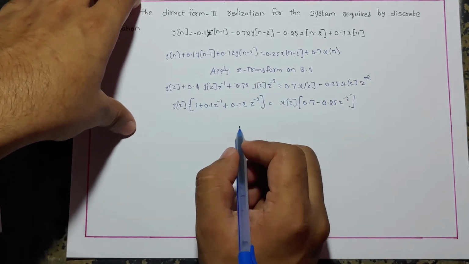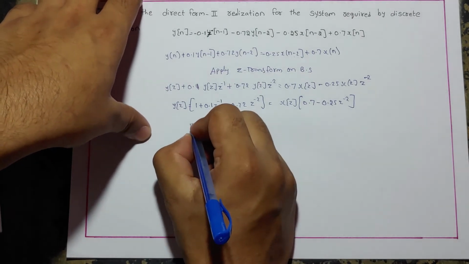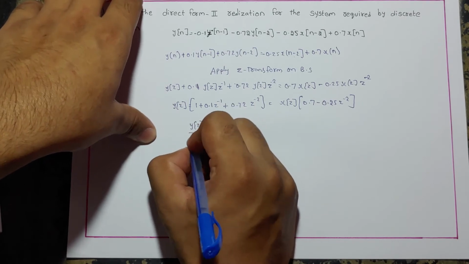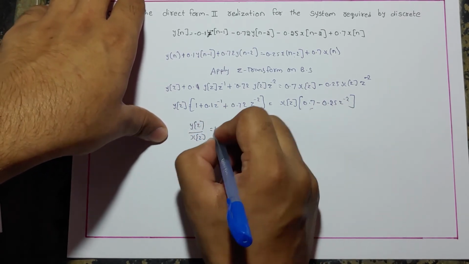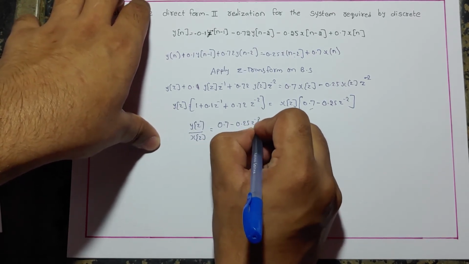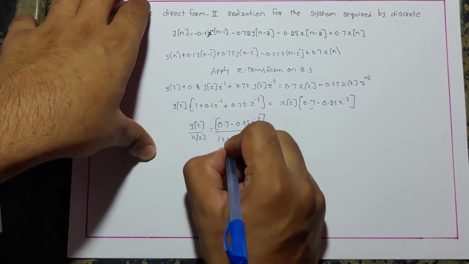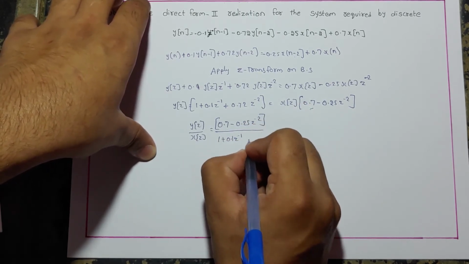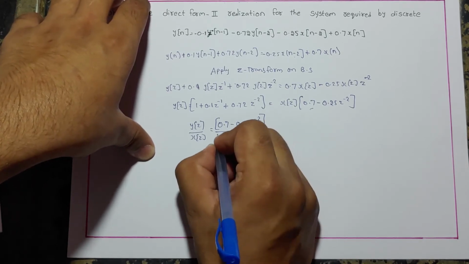As we know, the transfer function is equal to output by input, that is y of z by x of z is equal to 0.7 minus 0.25 times z power minus 2 divided by 1 plus 0.1 times z power minus 1 plus 0.72 times z power minus 2.